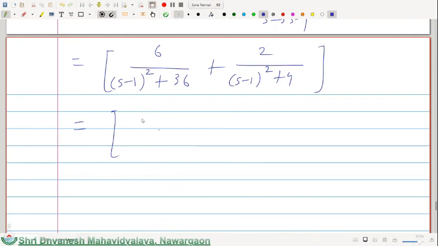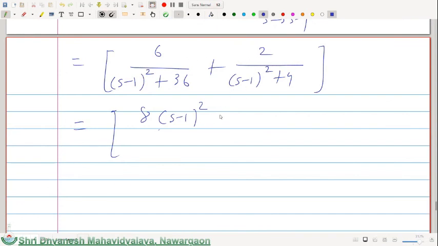So this is 6 times s minus 1 whole square plus 4, and here will be 2 times s minus 1 whole square plus 36. So this is 6 plus 2, 8 times s minus 1 whole square. Okay, this is 6 into 4, 24, plus 36 into 2, that is 72. So 72 plus 24 is 96.